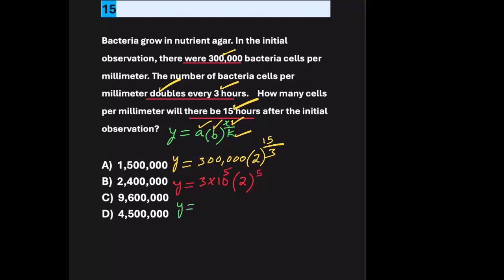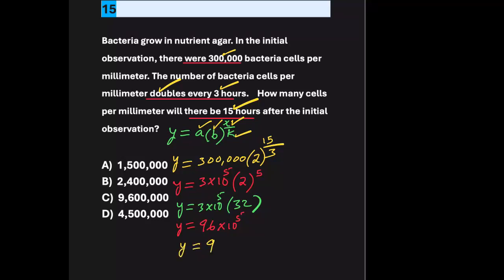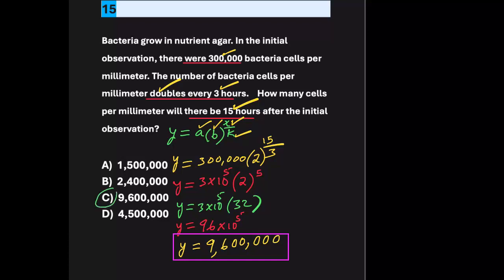Y is equal to 3 times 10 to the power of 5 times 2 to the 5, which is 32. 3 times 32 is 96, times 10 to the power of 5. And remember, the 5 is the 5 zeros. So we have Y equal to 9,600,000, 5 zeros. And the answer is right here.